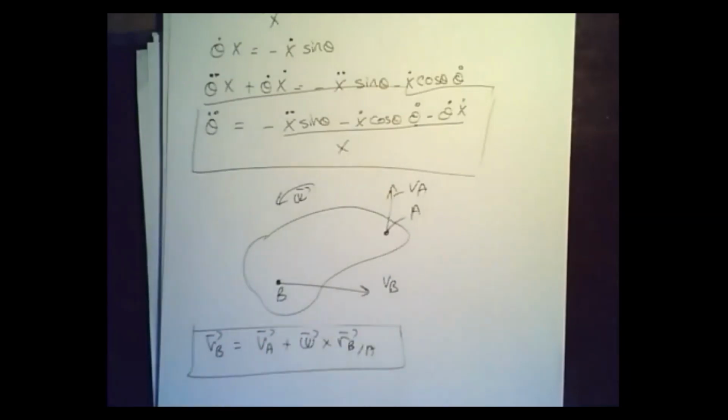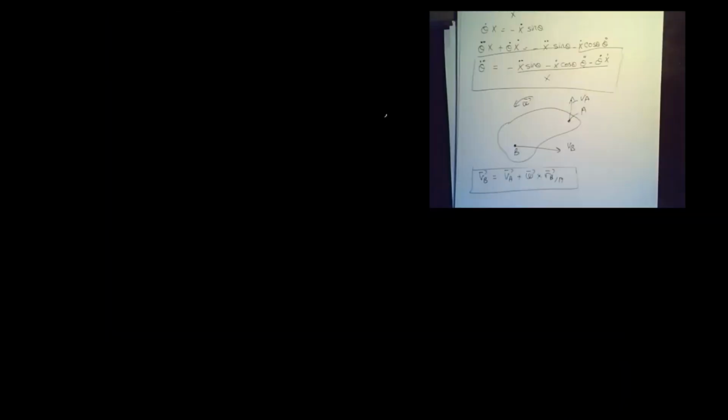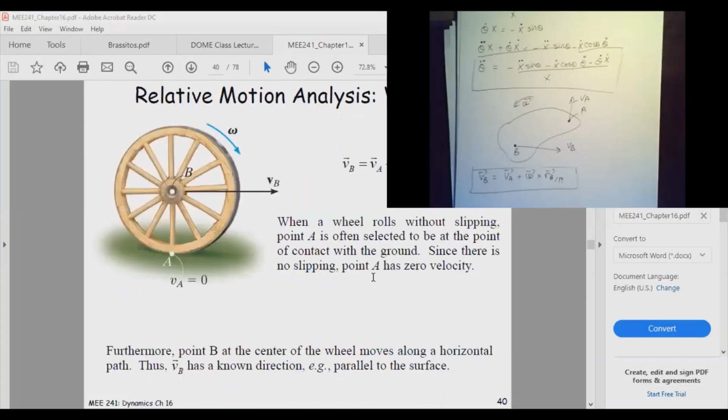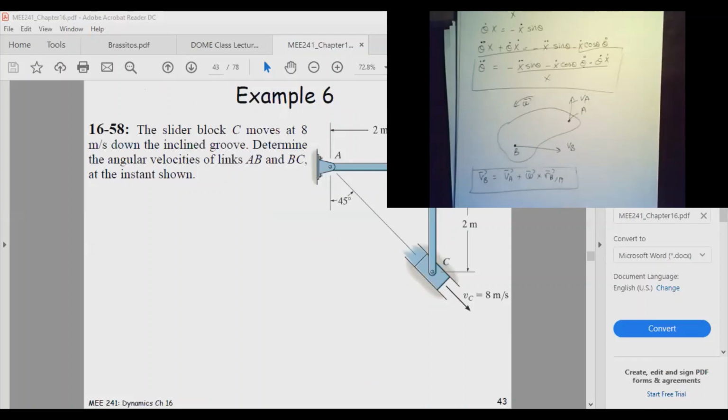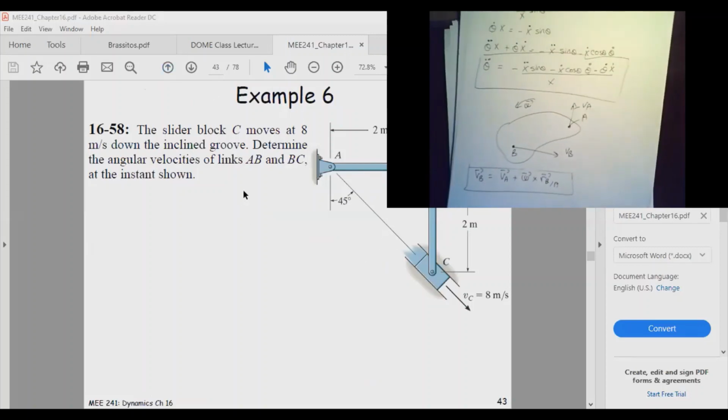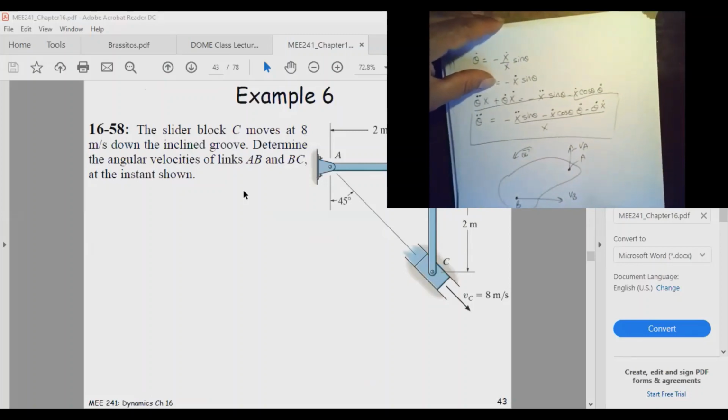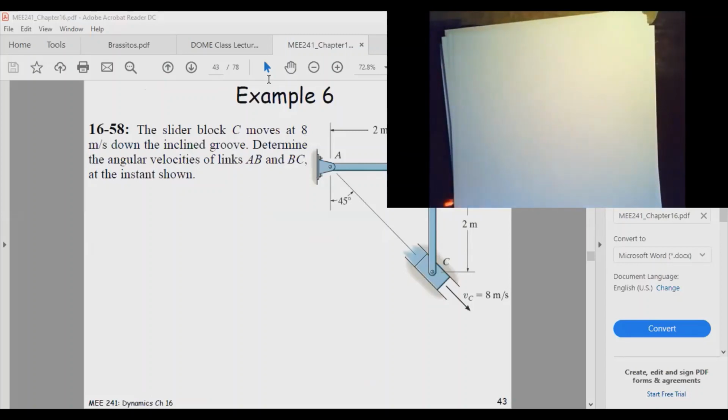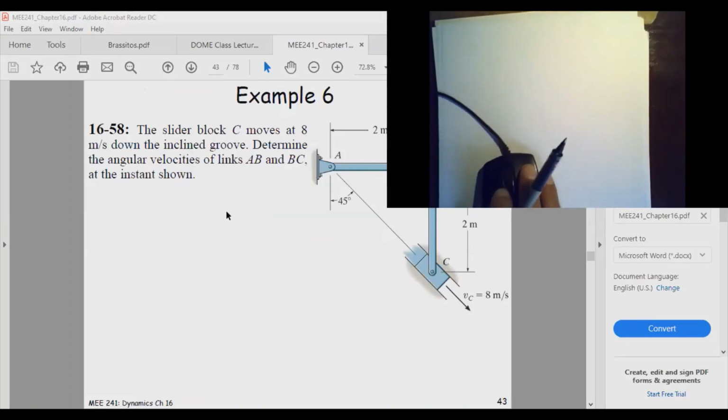The best way to do this is to do an example, so I'm going to work on this problem. You guys see this problem? Example 6. In this example, we have this link AB, we have link BC, and then we have this block.